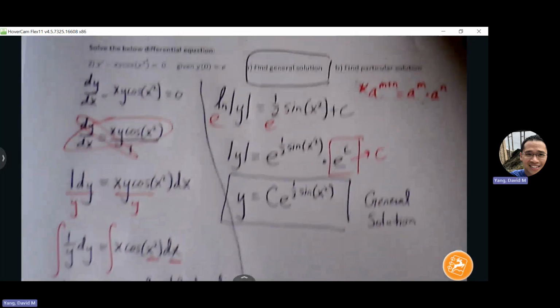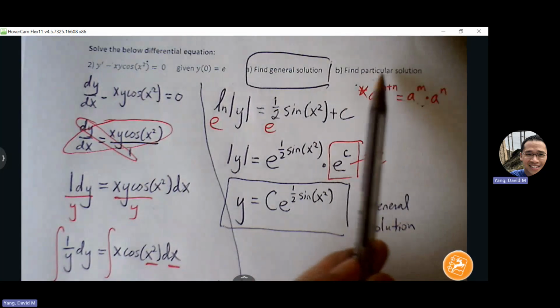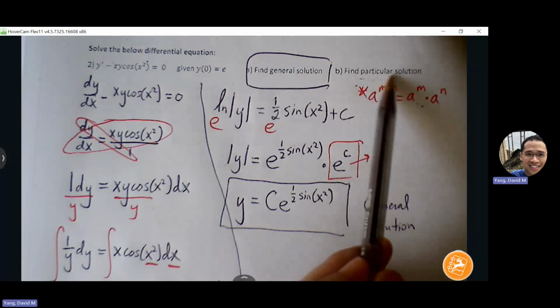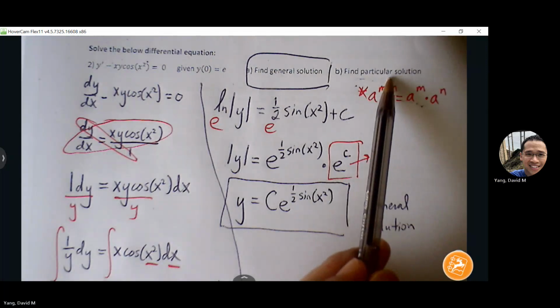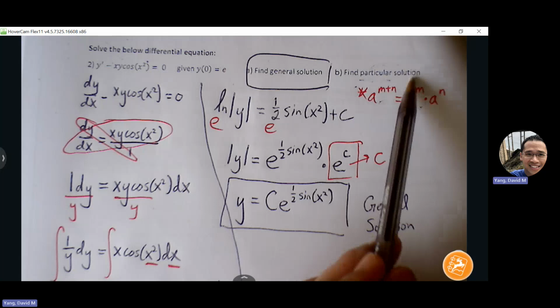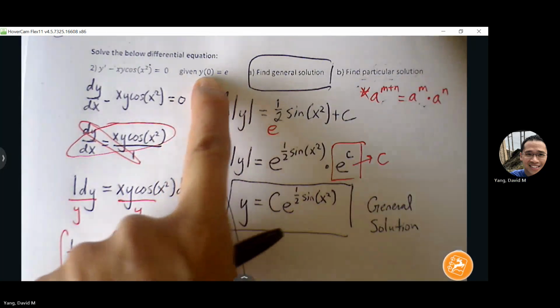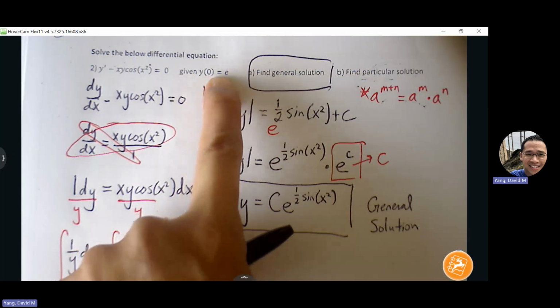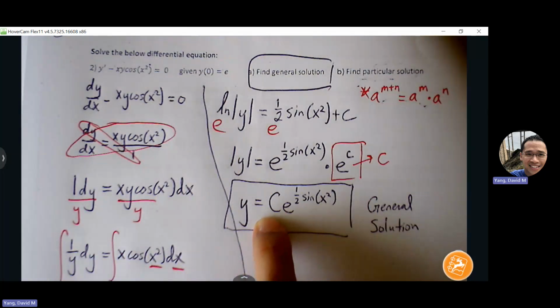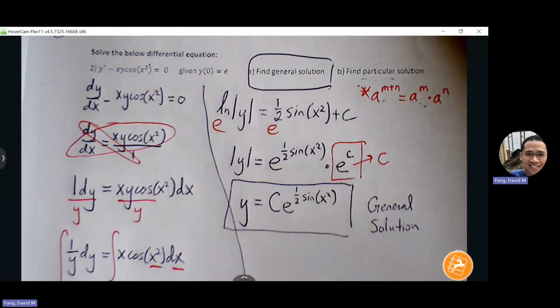All right, so now part B is finding a particular solution. So that means we have to solve for what? We want to find a way to replace what? The C, right? So we want to take the ordered pair, 0 in for x, e in for y, and then algebraically we'll solve for C. Once we solve for C, then we can replace that with the number that we find.